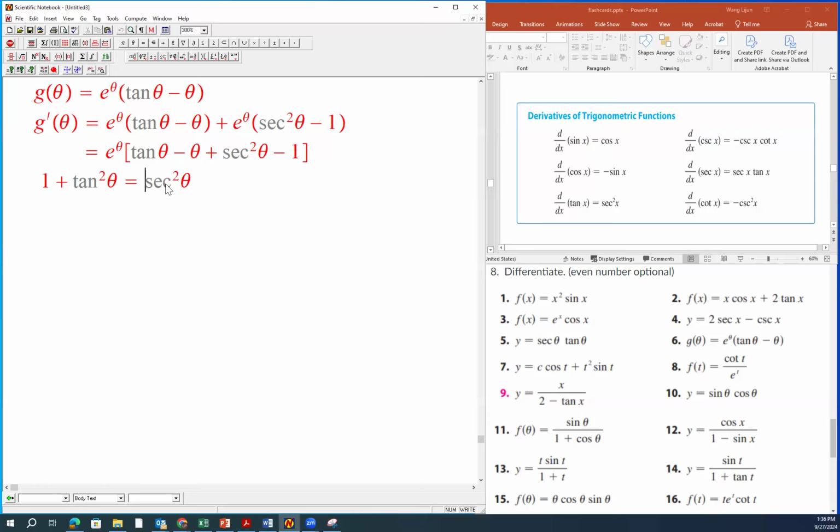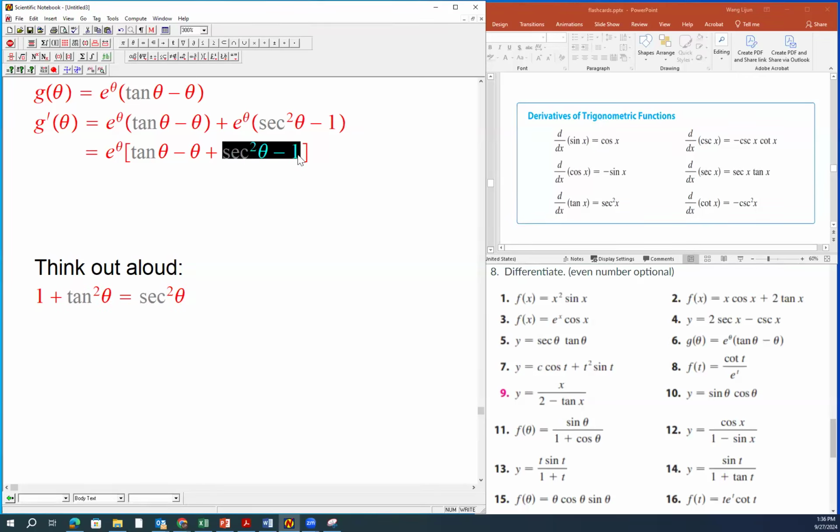Okay, so now we got secant square theta, right? So this is my think out loud. I'm working on my sketch paper. From this part, I have secant square theta minus 1.